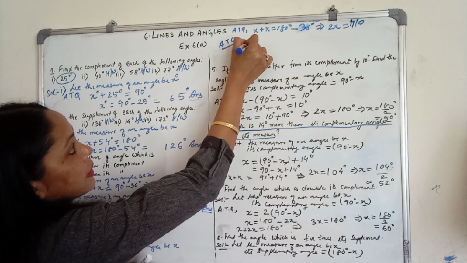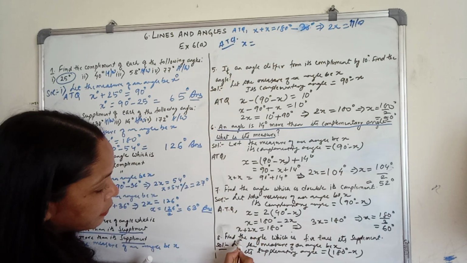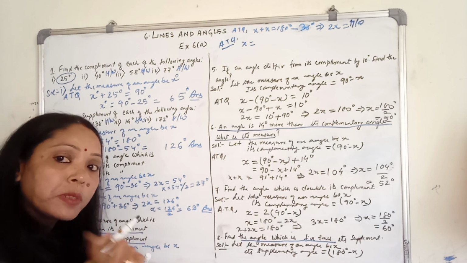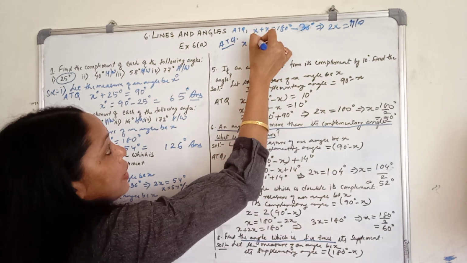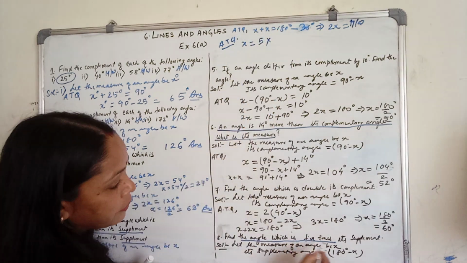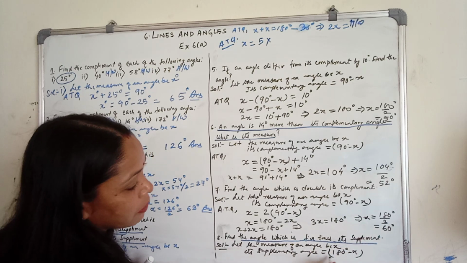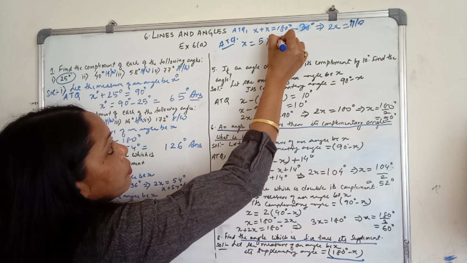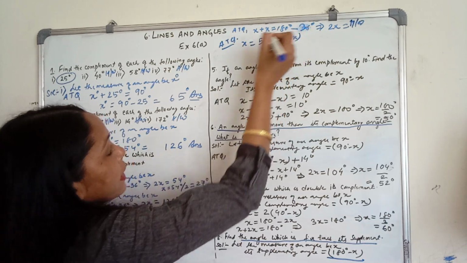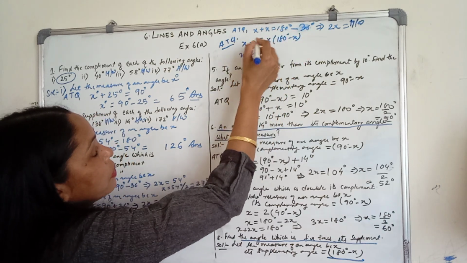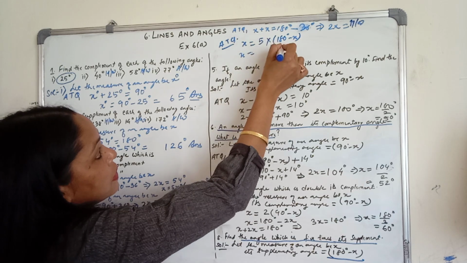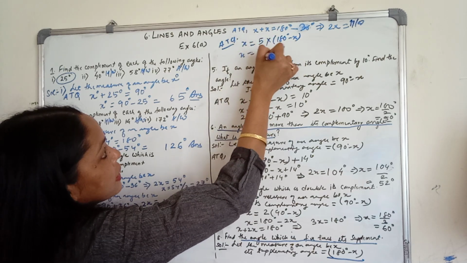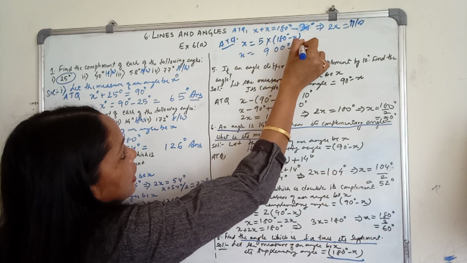The angle x is, see, find the angle which is 5 times. Times means multiply. So 5 into 5 times of what? Its supplement. What is the supplement? 180 degrees minus x. So x is equal to, multiply this one, 5 times 180 is 900 minus 5x.